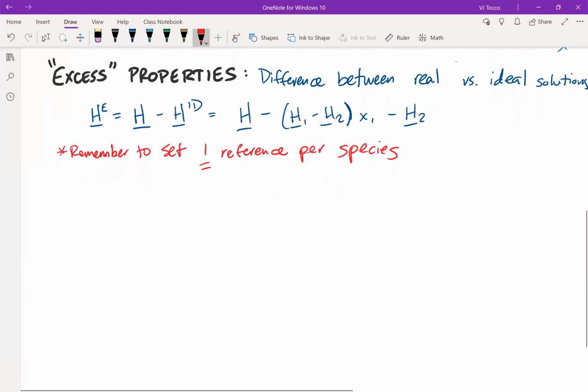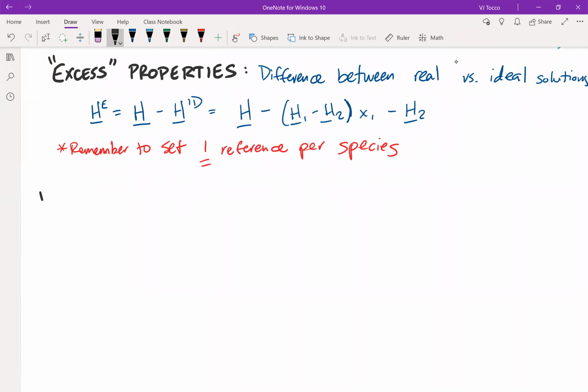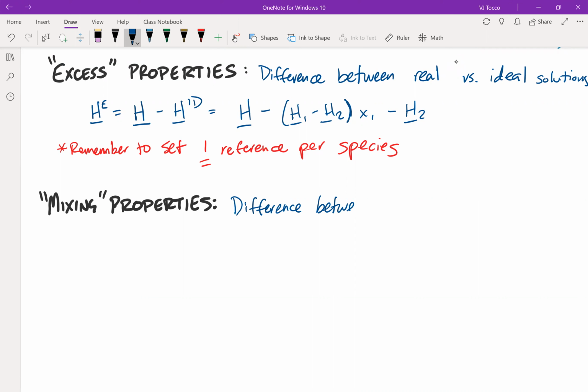There's one more property that I defined, which is a mixing property. And mixing properties for some thermodynamic properties are the same as excess, but there's a subtle difference here. A mixing property is the difference between the real property, the real solution, and the weighted average of the individual components.